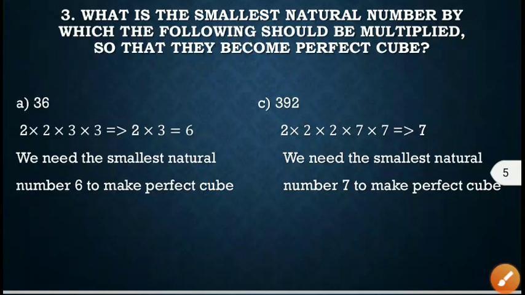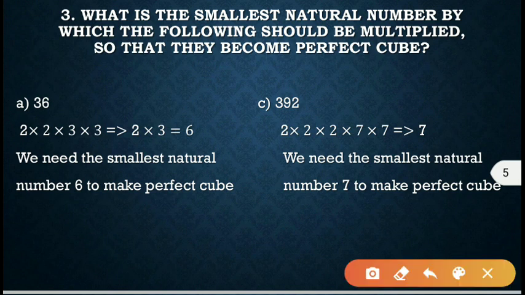Next, question number 3. What is the smallest natural number by which the following should be multiplied so that they become perfect cubes? You need to multiply by a natural number to make them a perfect cube. First is 36. First of all, do a prime factorization of 36, you will get this. Now start making a pair.